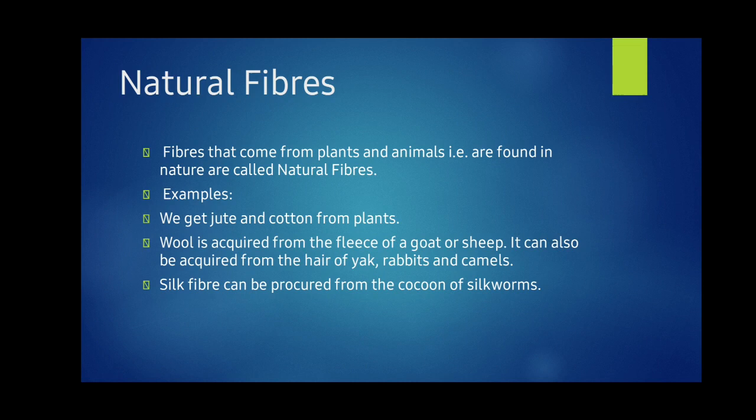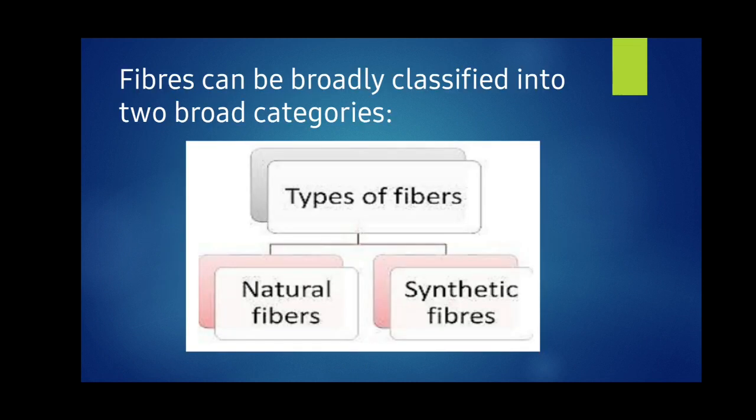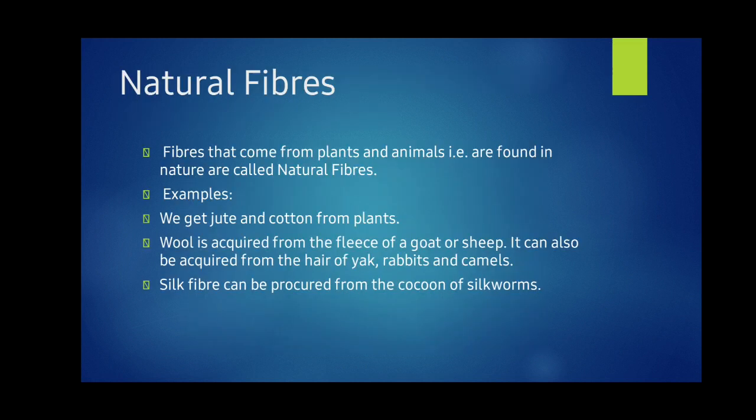So just be careful. Remember that generally fibers are obtained from two different sources: natural fiber and synthetic fiber. In class 6 and 7, you are studying about natural fibers, which means the fibers obtained from plants and animals. And in grade 8, you will study about synthetic fiber. Clear?